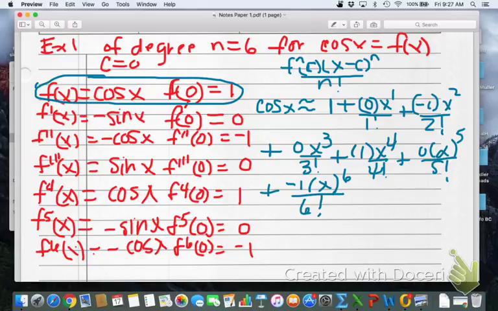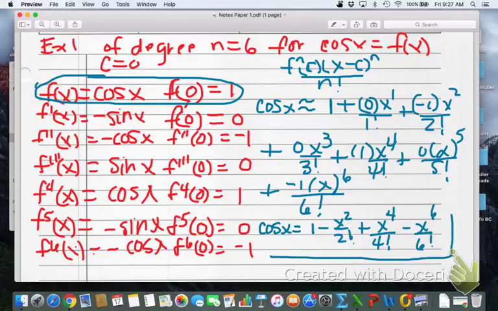Now, let's go back and simplify that. All right, so you can see here I've simplified that above, and this is our Taylor polynomial of 6th degree, which approximates the function cosine x.